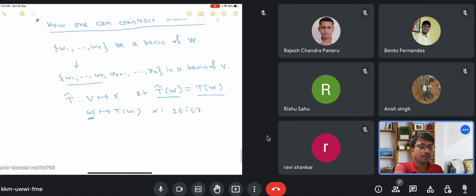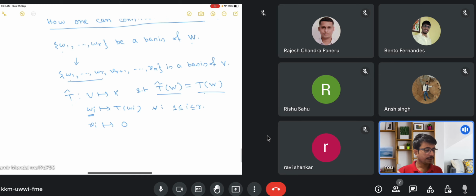Now define on your v_i. You can map to 0 or anywhere, no issue. Or we can take one basis element of W and map to at least one of the elements from the basis.